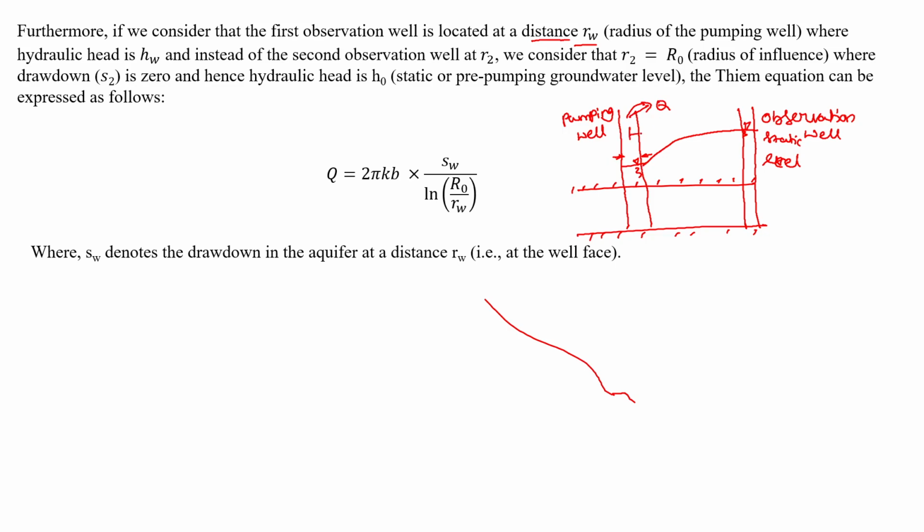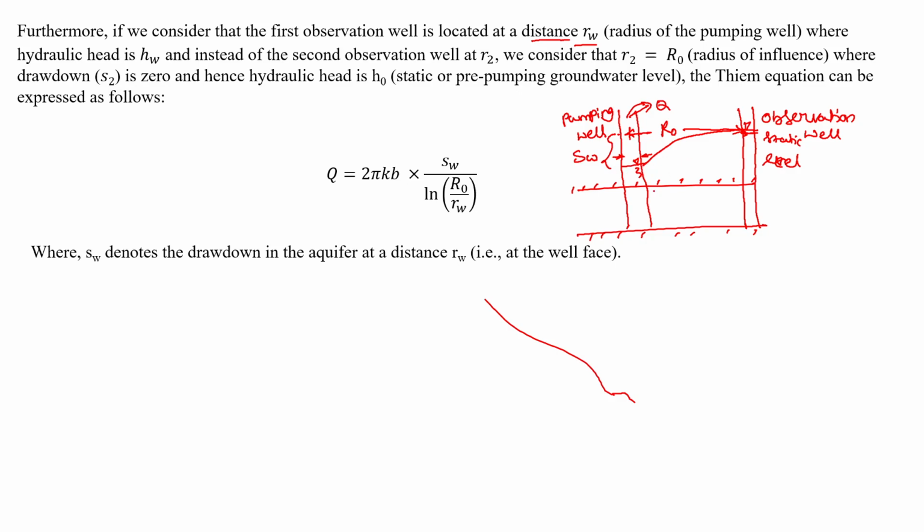This particular well is located at r naught, which is nothing but the radius of influence. Suppose this observation well is located at a distance r naught, the radius of influence, and in this case we know the drawdown Sw.